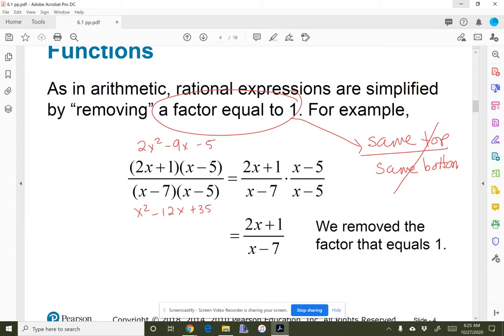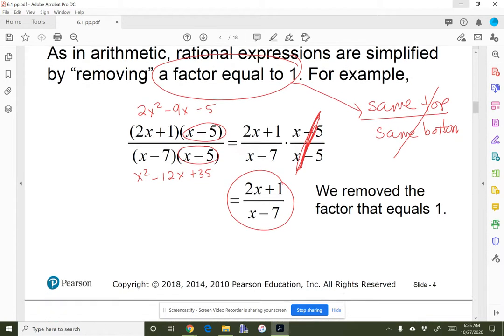You can't just start crossing stuff out until they're written as a product. When you write them as a product, you'll notice that they have the same factors on top and bottom, which means you can cancel. That's how we simplify, and this is a better, prettier, more simplified answer.